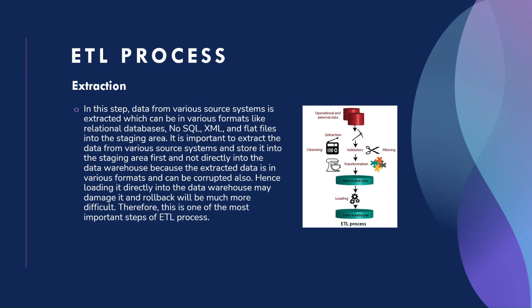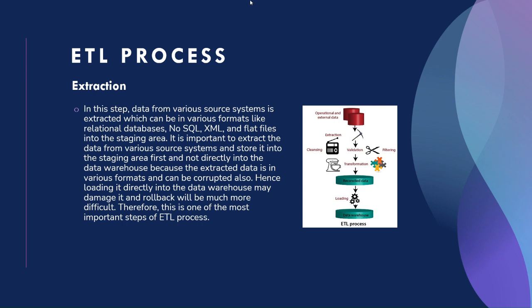It is very important to extract the data from various source systems and store it into the staging area first and not directly into the data warehouse, because the extracted data is in various formats and can be corrupted also. Hence, loading it directly into the data warehouse may damage it and rollback will be much more difficult.